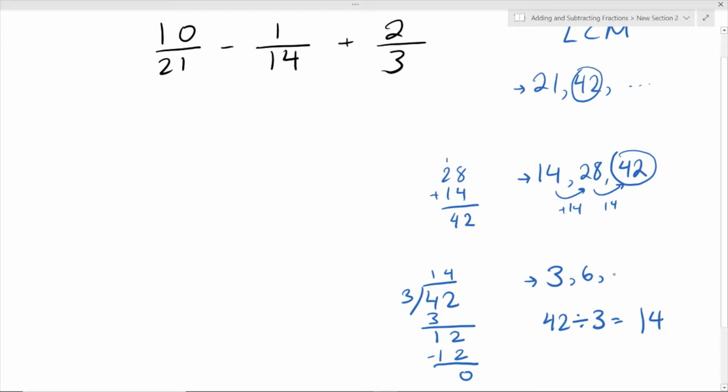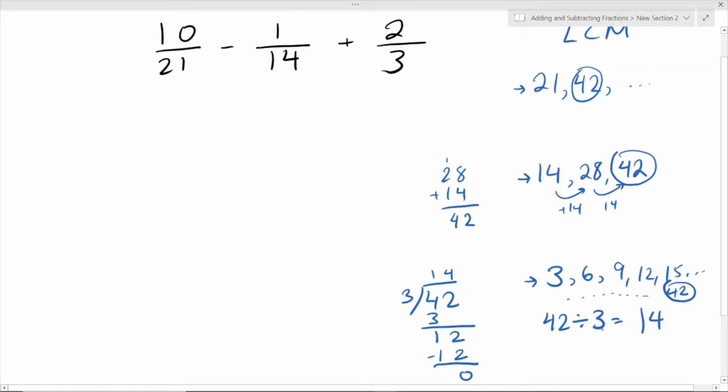It's a whole number. So that means 42 is divisible by 3. So if we keep listing this 3, right? We add 3 here, add 3 here is 9, add 3 here, 12. 3 times 5 is 15, like we add 3 here, and if you continue on and on for 3, at some point you're going to get 42 as one of them. And why is that?